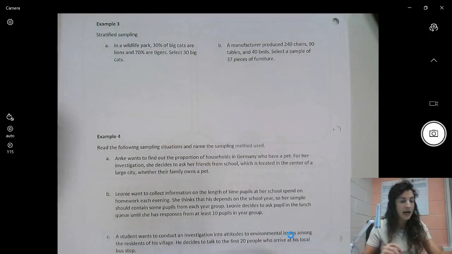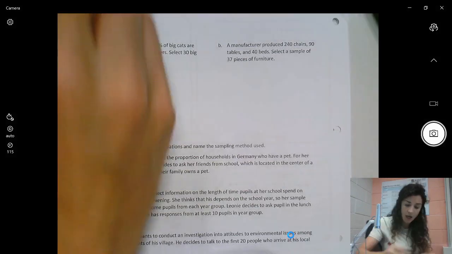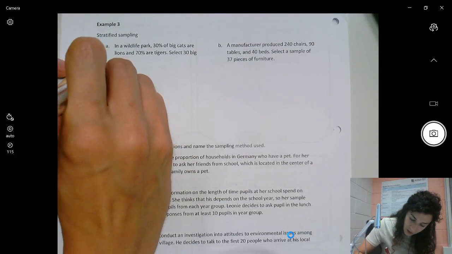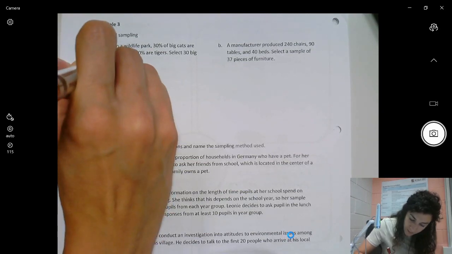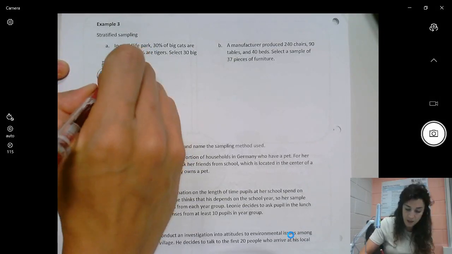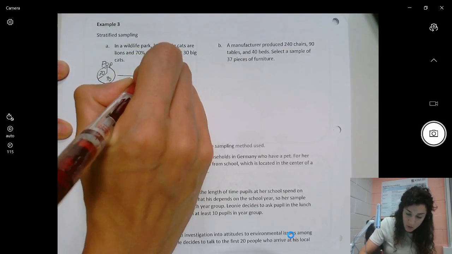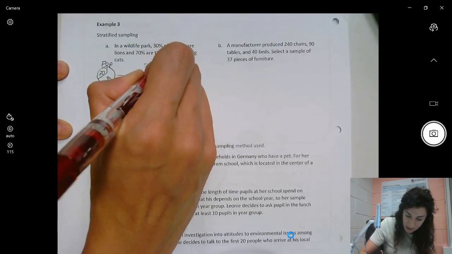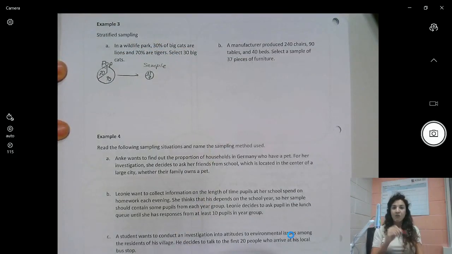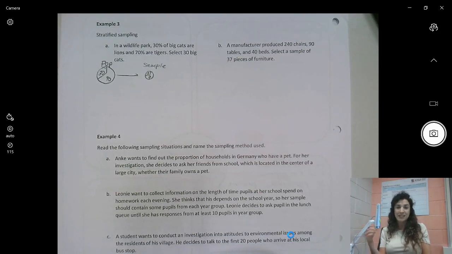So the idea is that you have a population that is 30% of one and 70% of the other, which means that when you go to a sample, it should also be 30% of one and 70% of the other.